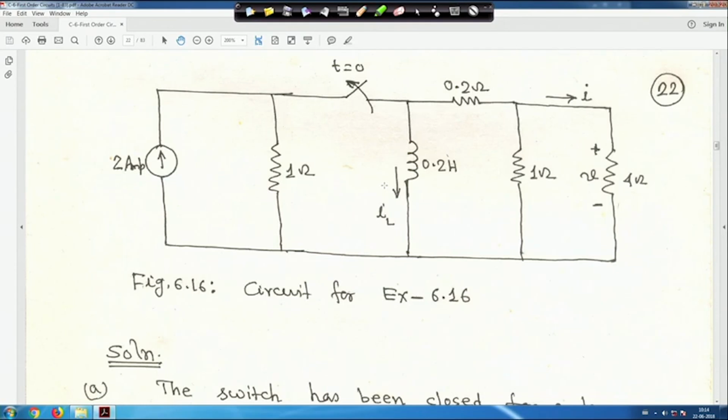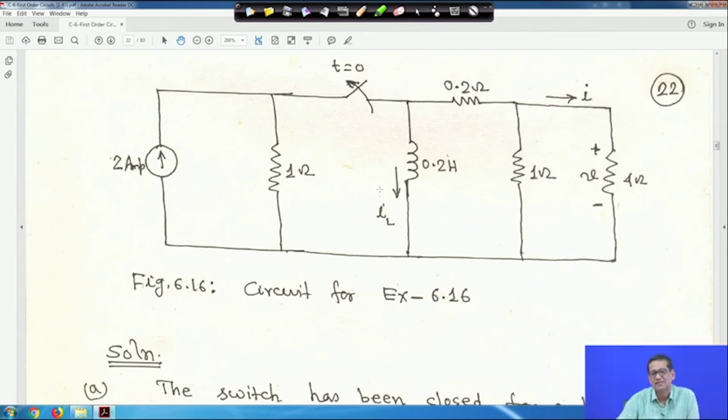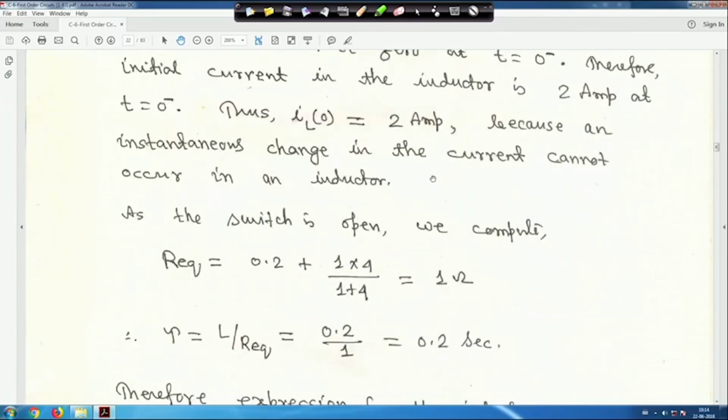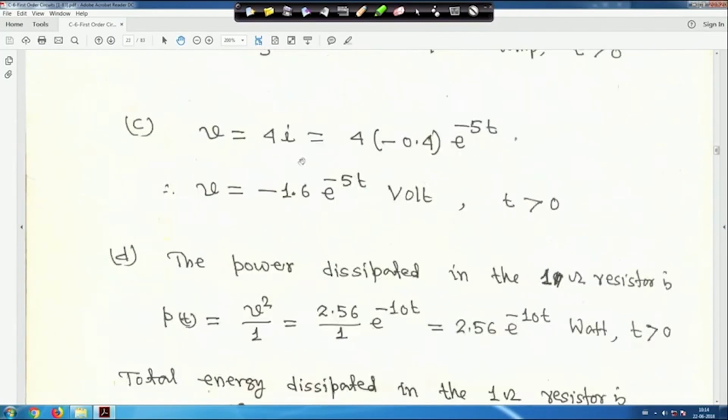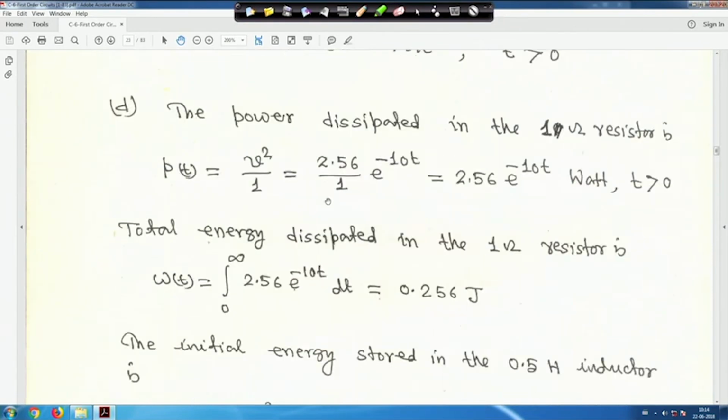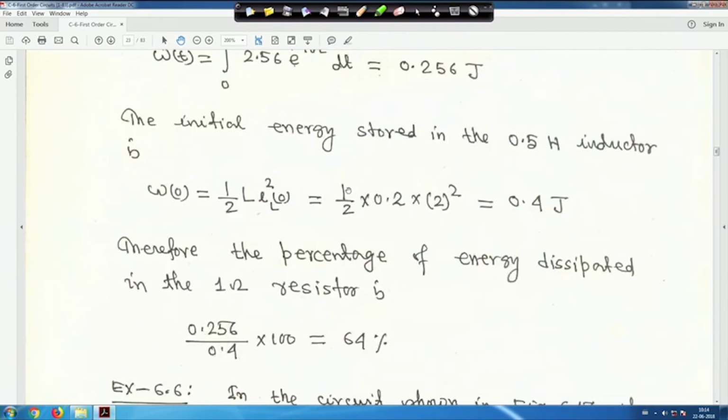If you miss the minus or plus sign, the numerical value may remain the same, but the sign will create a problem. So you should be a little careful, right. All these things, the voltage, the energy stored in the 1 ohm resistor, and the percentage of the total energy, everything is mentioned in this problem.